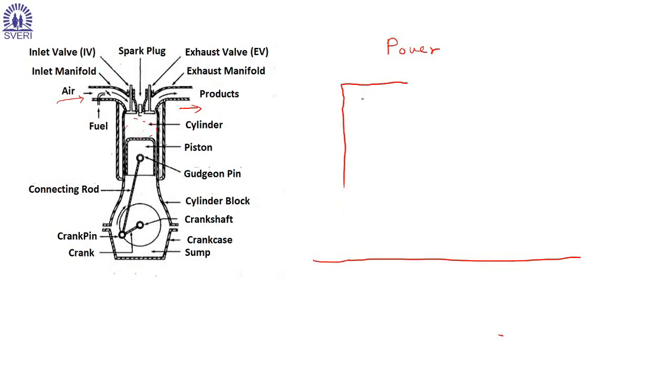Let's say this is the chemical energy with which fuel comes inside, and now that fuel burns, this chemical energy is liberated inside the combustion chamber. When that chemical energy is liberated, it reduces to a level.